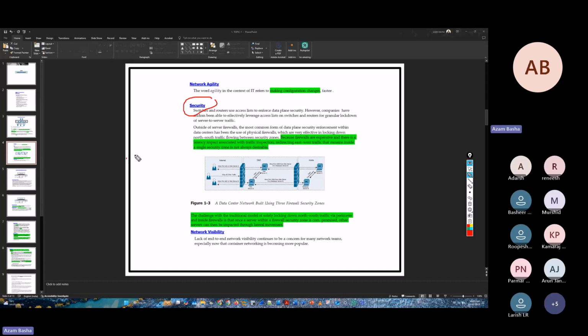Now in traditional networks, for everything, we need to have a hardware component. We have routers for routing, we have switches for switching, and then we came up with L3 switches that do the routing and switching. But for firewalls, we did not come up with routing, switching, and firewall together, right?